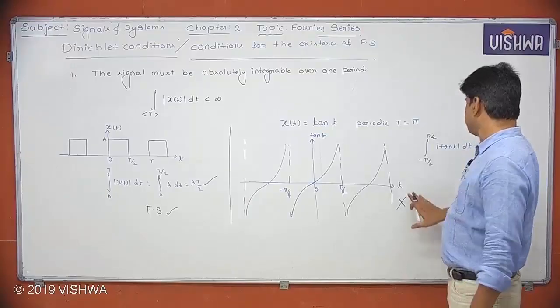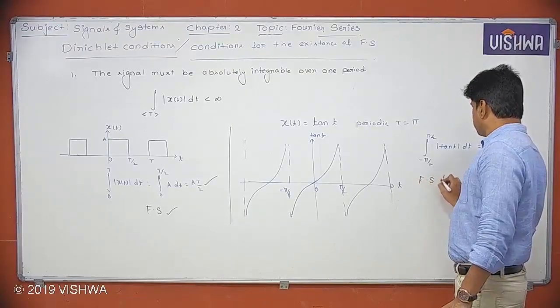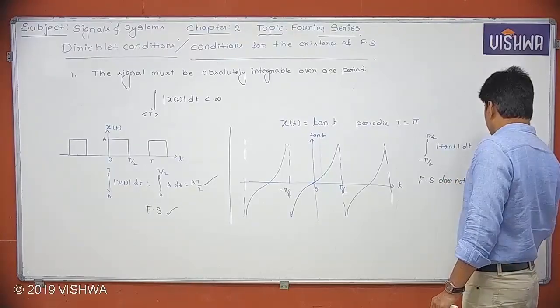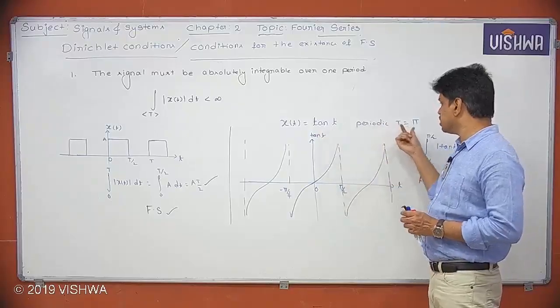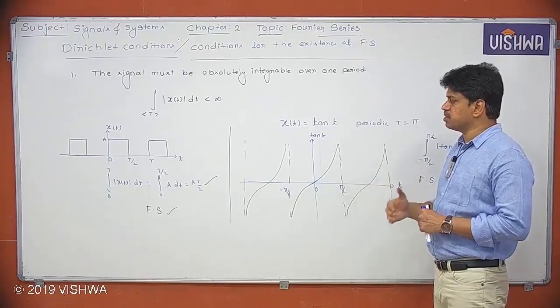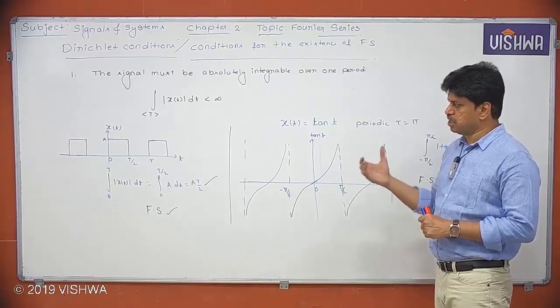So I can write Fourier series does not exist. What I am trying to say is, even though this function is periodic, we cannot write the Fourier series because it is violating the first Dirichlet condition. I hope you understand.